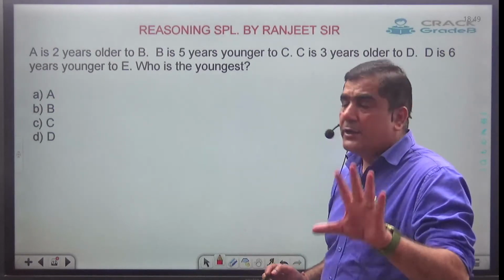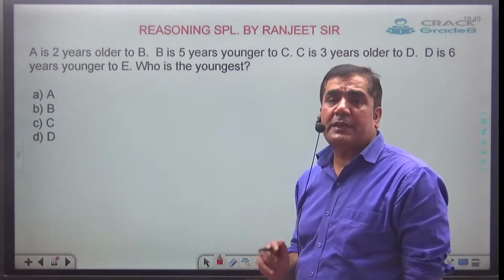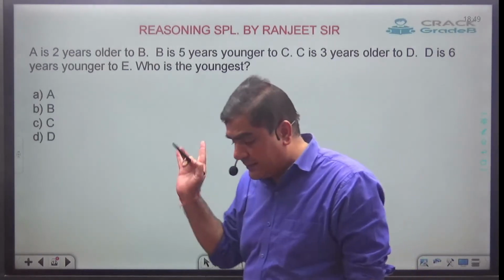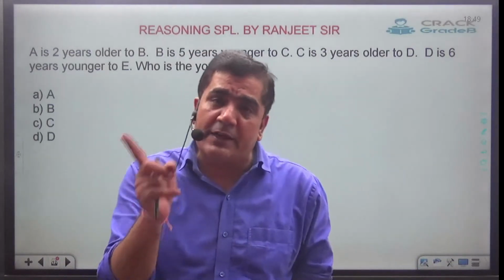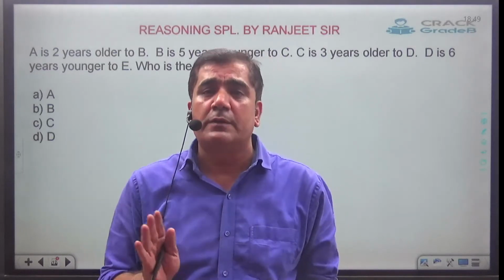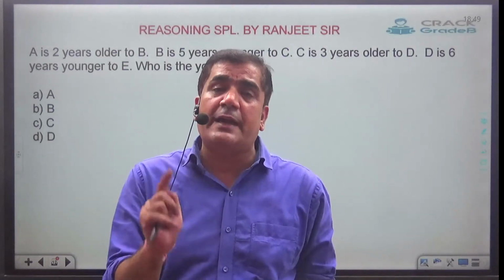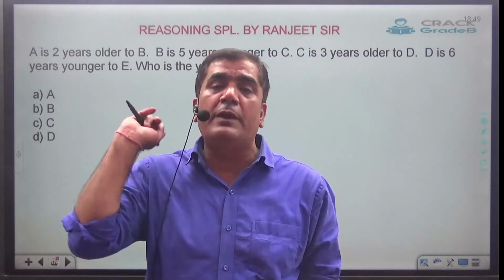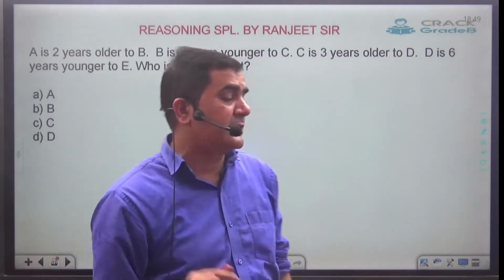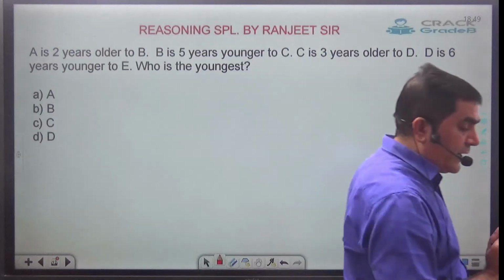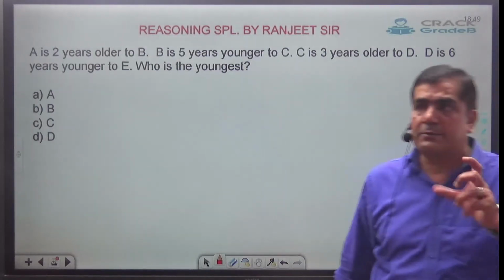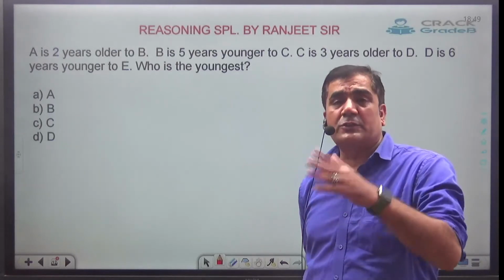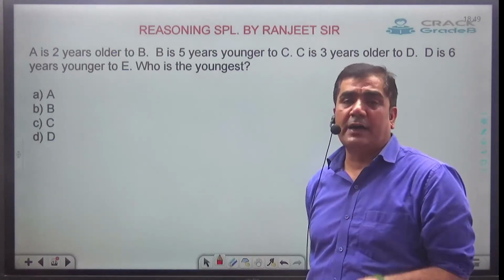So remember dear, whenever the age gap is given between any two persons, in this case, two persons can have the same age also. So the earlier method won't be applicable over here. Then how to get the answer for this one, if the age difference is given and they are asking who is the youngest, who is the eldest?